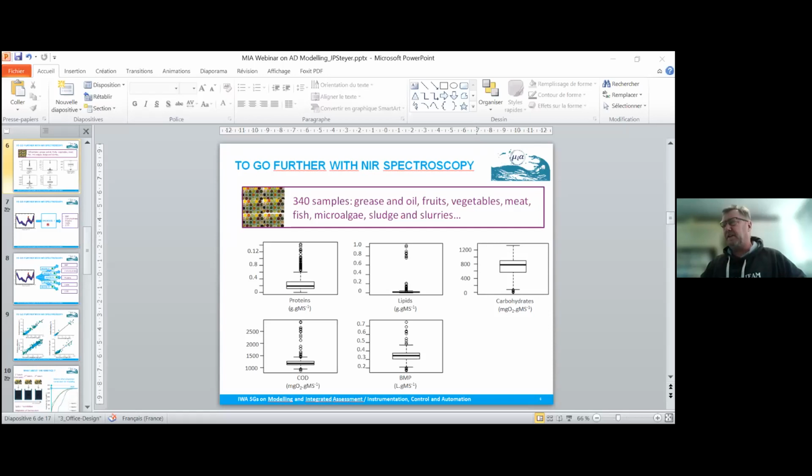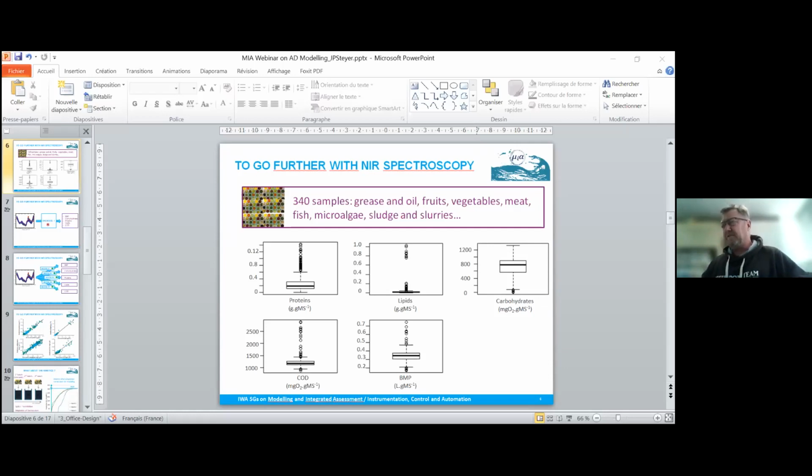Here you have the results. The protein here, lipids on the right, carbohydrate, and then COD. The green crosses are the calibration of the model, and the blue diamonds are the prediction, the validation of the model. So you can have quite nice results.